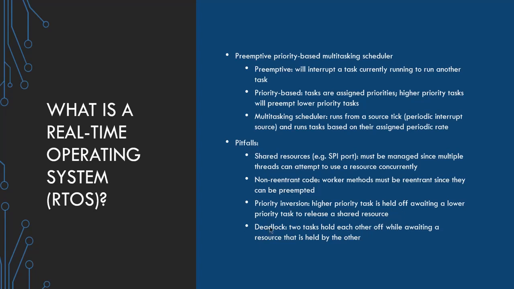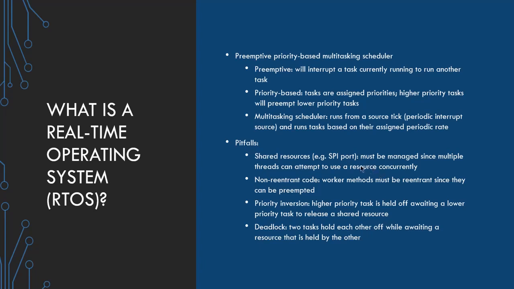And then you can get into deadlock, which is where 2 tasks hold off each other while they're awaiting a resource that's held by the other. So a lower priority task uses a mutex to lock the SPI port, and then it gets preempted by a higher priority task that waits for the SPI port to be unlocked. And now you're deadlocked.